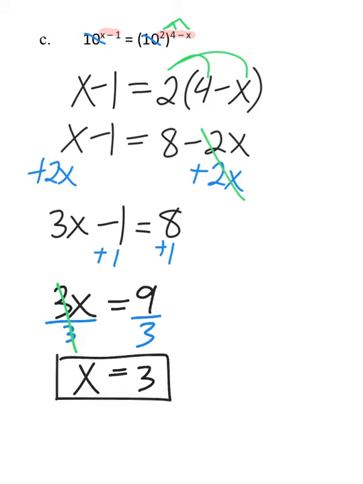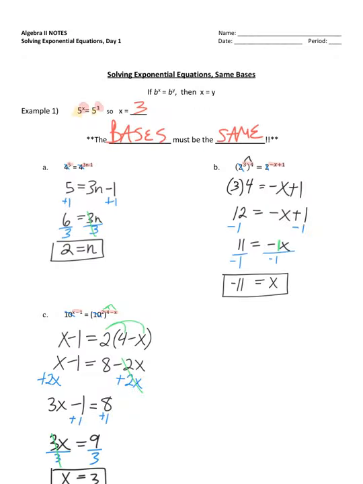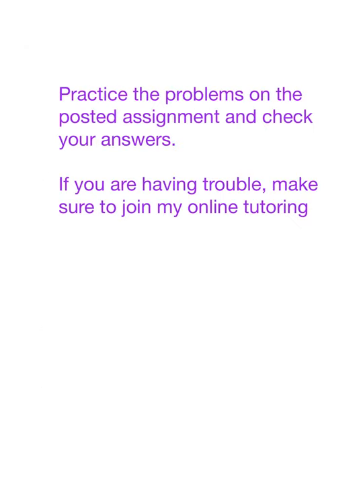And voila, we now have solved that exponential equation. You can verify this one just like you can with anything else. Plug 3 in for this x and for this x, calculate it out, it'll be the exact same, and life is good. Right, and so that is solving exponential equations where the bases are the same.